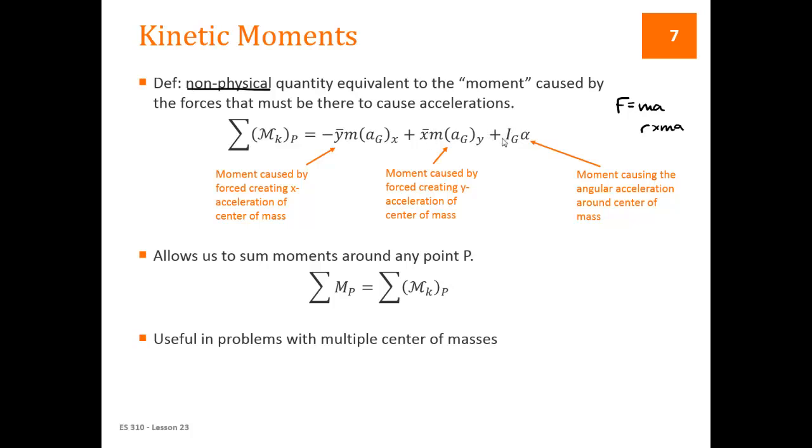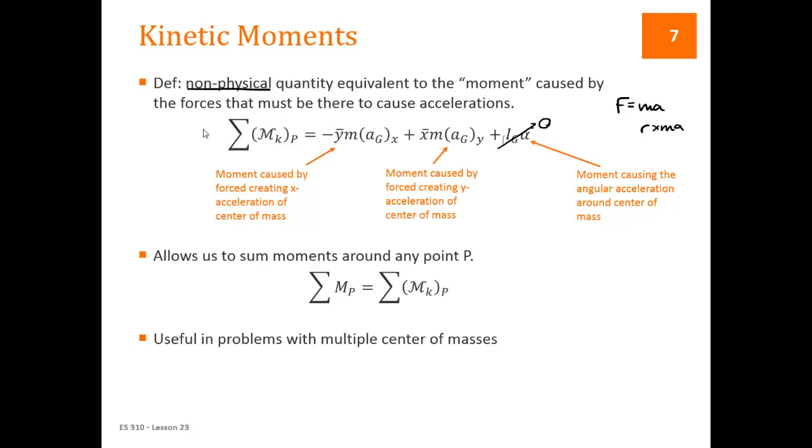And then we have this I, so this is the moment of inertia, I_G times alpha. Since it's not rotating, for now we're going to ignore this. And we'll talk about these moments of inertia in the next lesson. But for the purposes of translation, we just have these first two. The signs come from the direction of those motions. So if you draw the fake force, that is the ma, then we can figure out the directions the same way as you normally do.